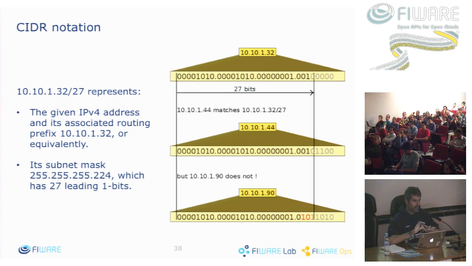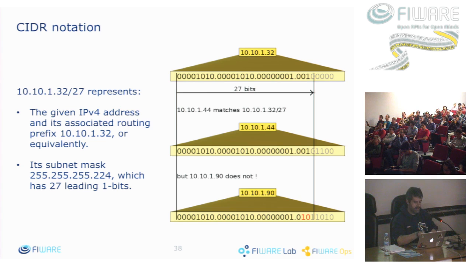Okay, if you don't know the CIDR notation, this is something that I explain in this slide. Imagine that I have this specific CIDR, 10.10.1.32/27, which means that for this IP, in binary format, I have 27 ones from the left. This is the mask, which means that these specific values I don't want to change.